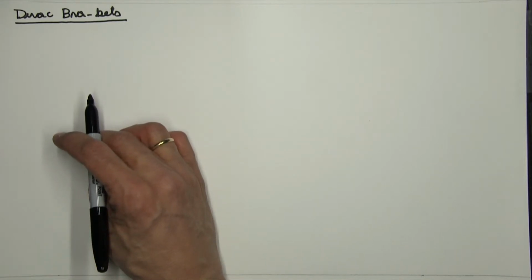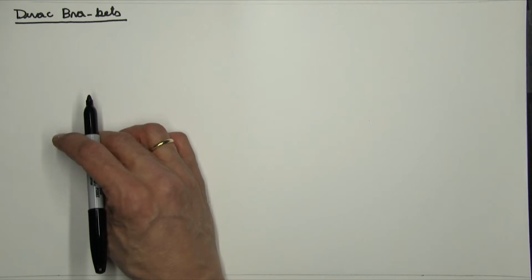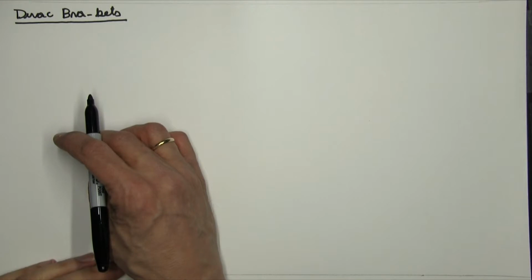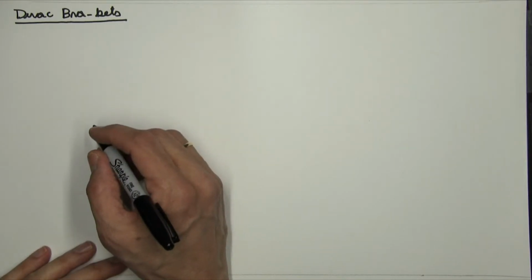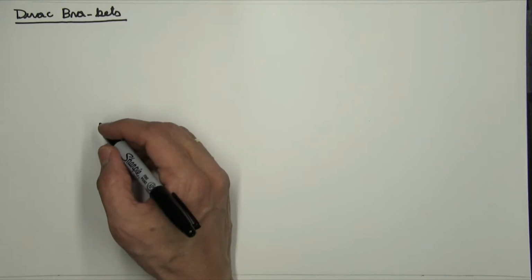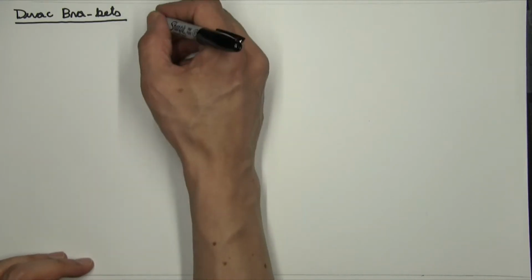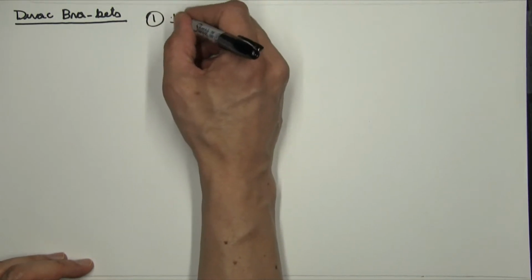So in order to understand Dirac brackets and to be able to use them, because they're actually quite convenient in some cases, there's basically two steps we have to take. The first step consists in learning how to go from inner products to brackets.